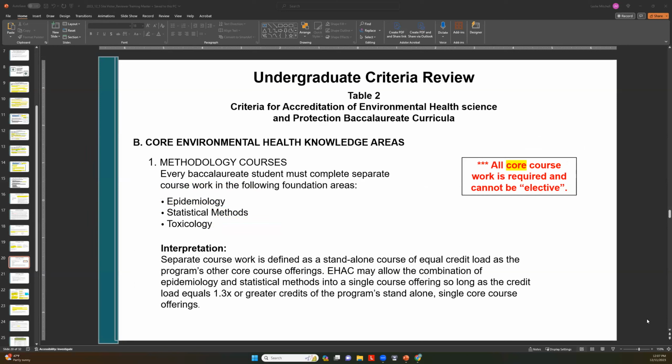As you see there at the bottom under the interpretation, EHAC may allow the combination of EPI and STATS methods into a single course offering so long as the credit load equals 1.3 or greater credits of the program's standalone single core course.